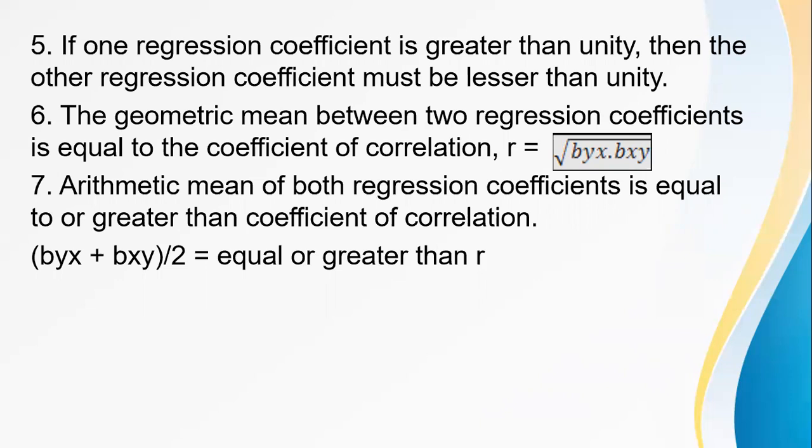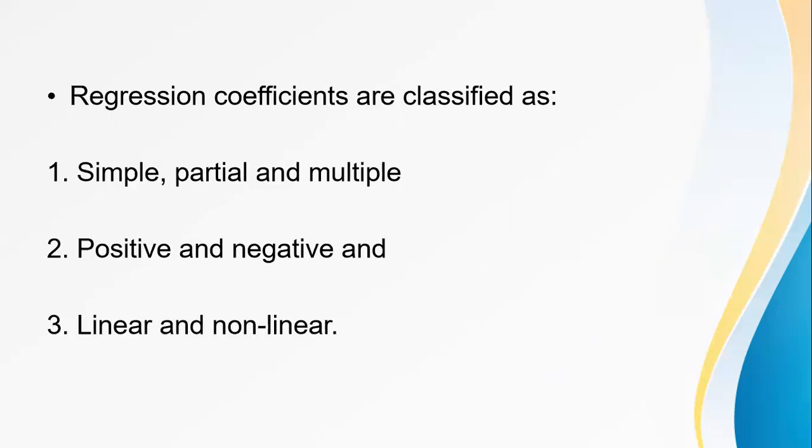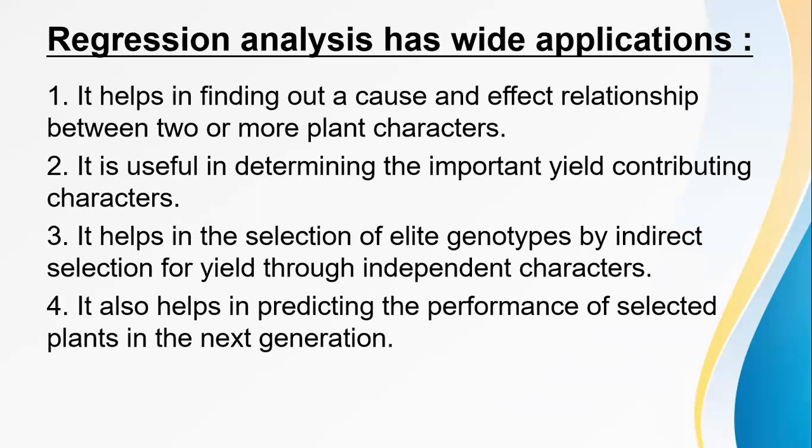The arithmetic mean of both regression coefficients is equal to or greater than the coefficient of correlation. Here, (byx plus bxy) by 2 is equal to or greater than r. The regression coefficients are classified into simple, partial and multiple, positive and negative, and linear and non-linear.